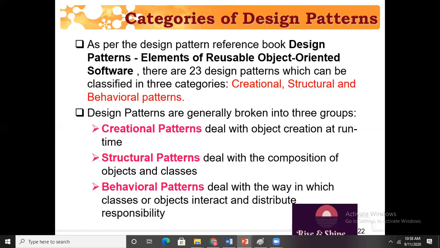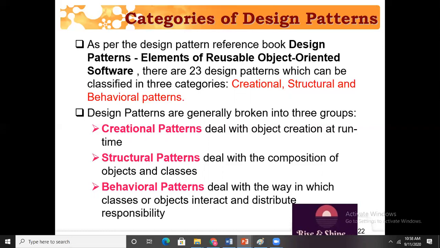Design patterns are generally broken into these three groups. First is creational patterns, which deal with how to create objects. The next category is structural design patterns. They deal with the composition of objects and classes, and structure. And next are behavioral patterns.